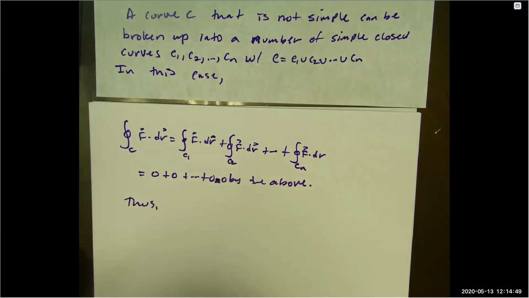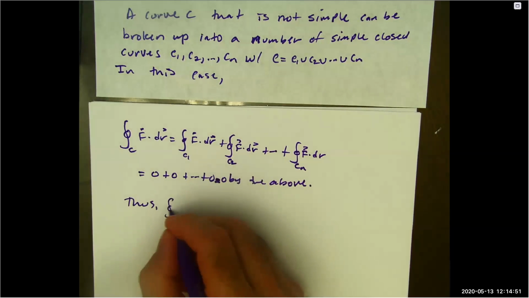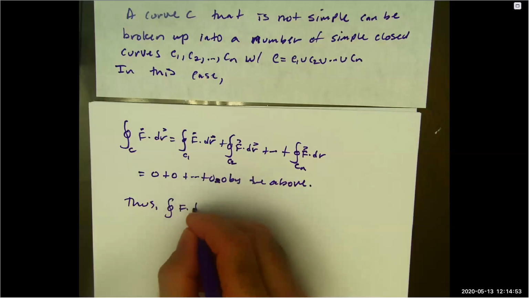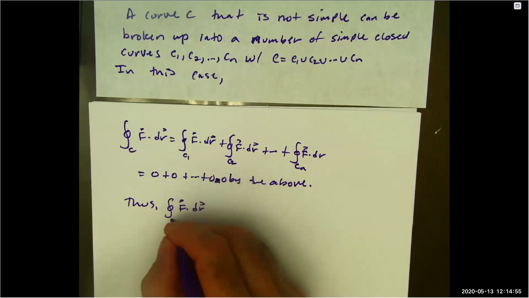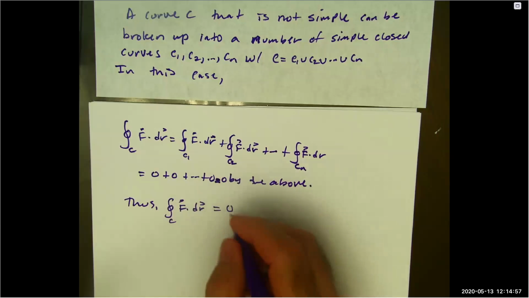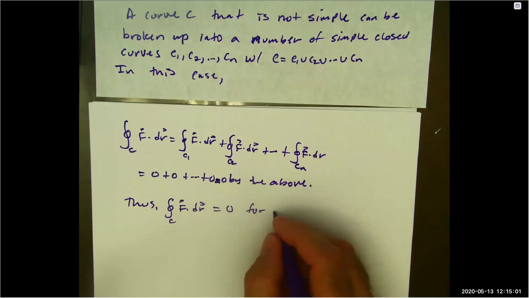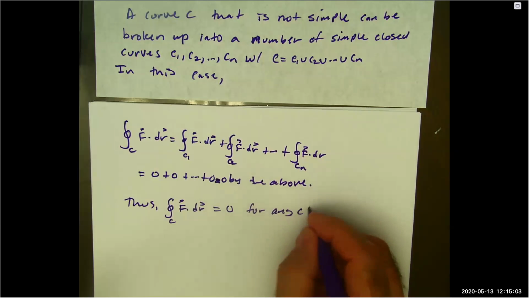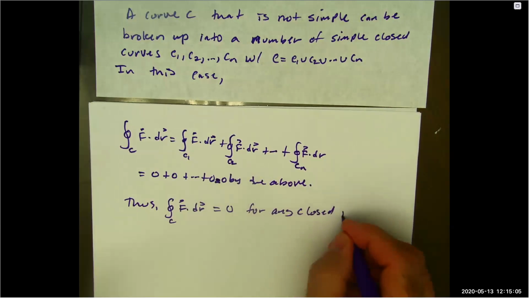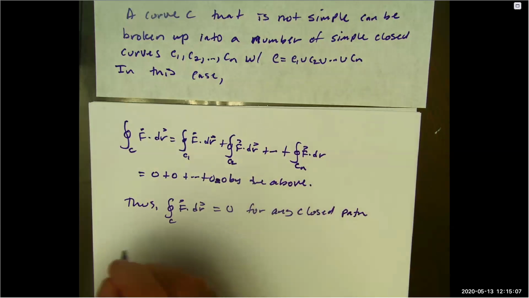So what this means is that the line integral along C of f dot dr is equal to 0 for any closed path, whether it's simple or not, for any closed path in D.